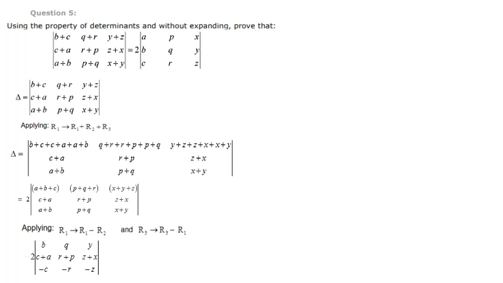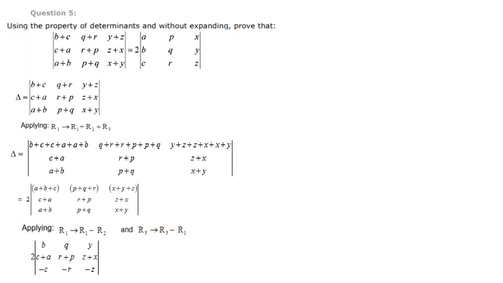After doing this operation, 2 into R1 is changing: R1 minus R2, A plus B plus C minus C plus A, that is minus C minus A. So C and A will be cancelled, you will be getting only B. Here R and P will be cancelled and you will be getting only Q. Here Z and X will be cancelled and you will be getting only Y. R2 I am not changing: C plus A, R plus P, Z plus X. And R3 changing to R3 minus R1.